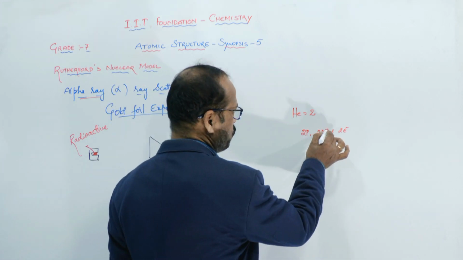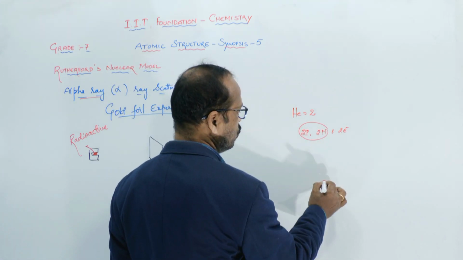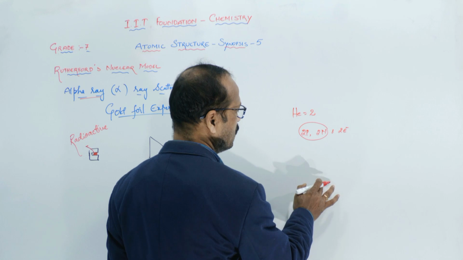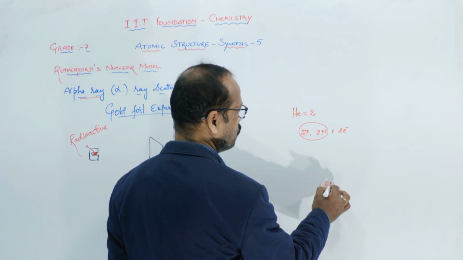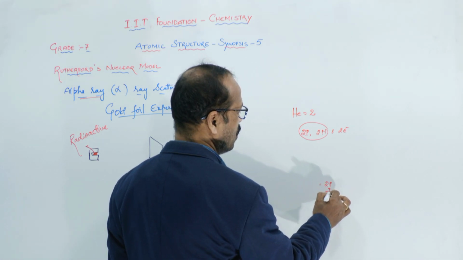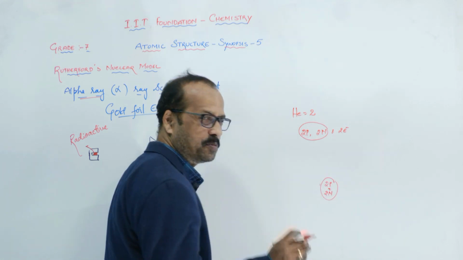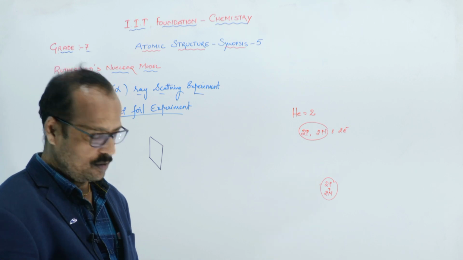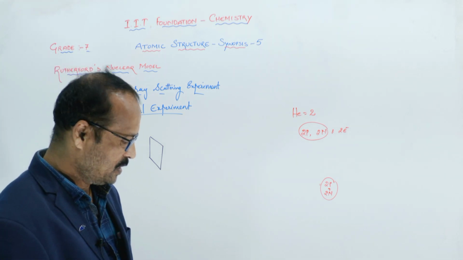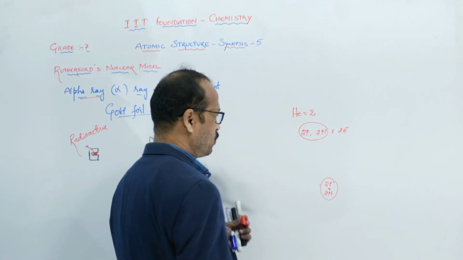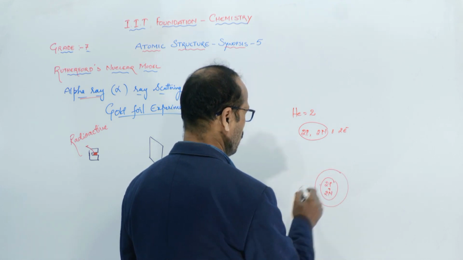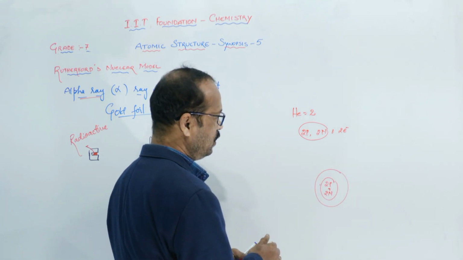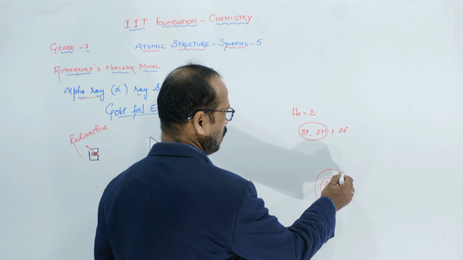Now these 2 protons and 2 neutrons are present in the nucleus. Nucleus means what? A very small region. Actually I am going to explain that now. There is a nucleus and 2 electrons will be revolving around the nucleus, like this.